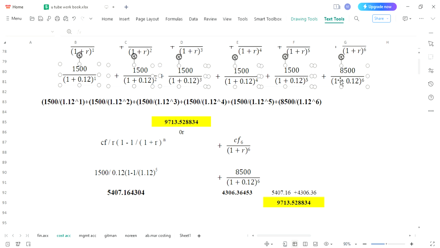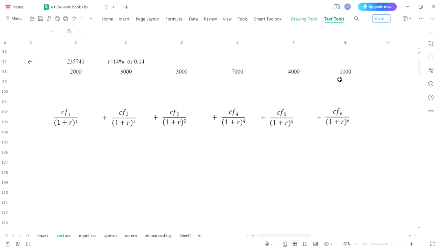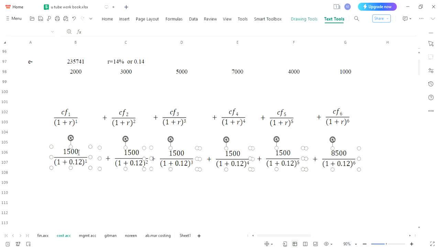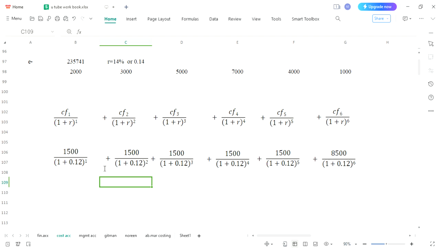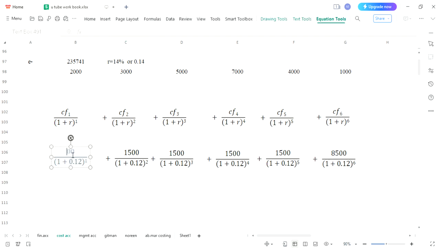Let's see if time can be saved. Put these formulas over here, and we are now going to change values according to these. Look, first cash flow was 2000, and we are going to alter it to 2000.